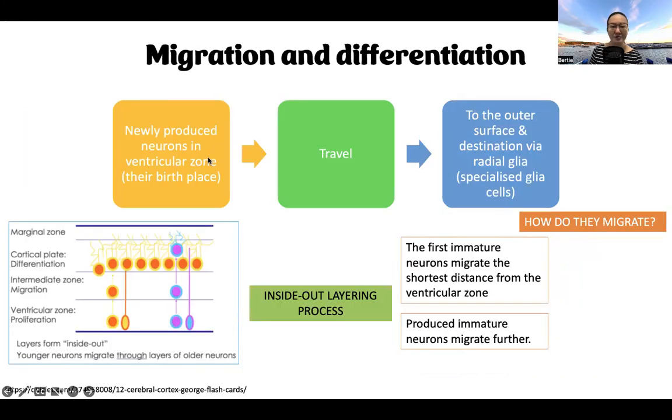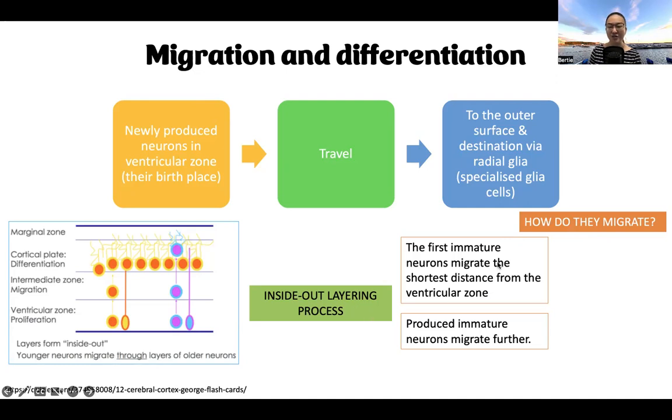The newly produced neurons in the ventricular zone, their birthplace, travel to the outer surface and destination via radial glia, or specialized glia cells. How do they migrate? Well, the process is called the inside-out layering process.